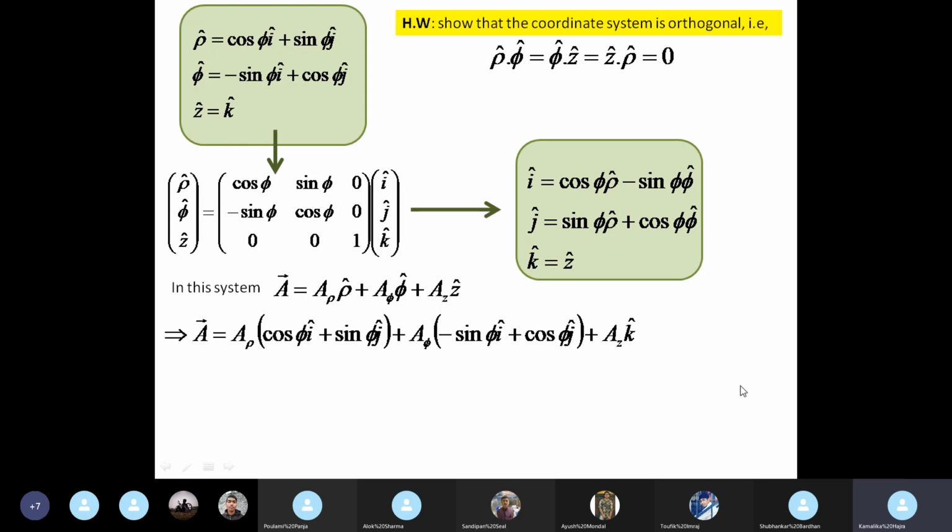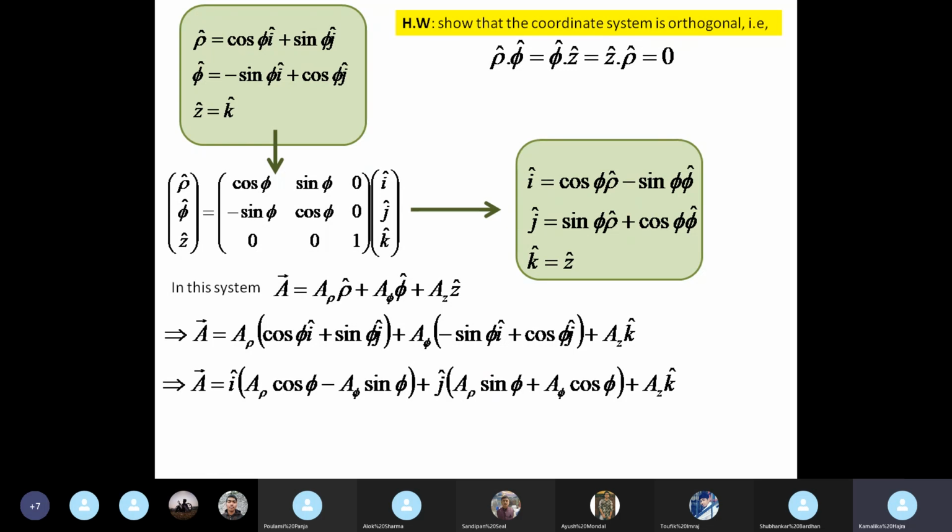And then what I do is I gather the coefficients of I, j and k. So if you take I cap common, you are left with a rho cos phi minus a phi sin phi. If you take j cap common, you are left with a rho sin phi plus a phi cos phi and a z k cap. So what is this like? I cap into something plus j cap into something plus k cap into something, right?